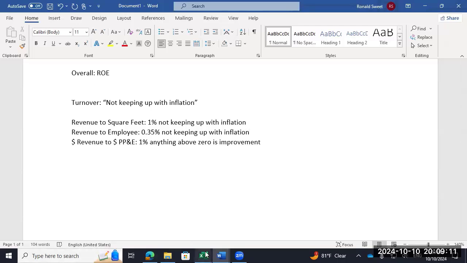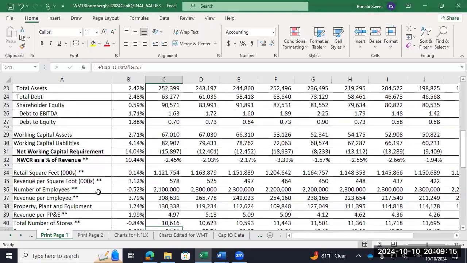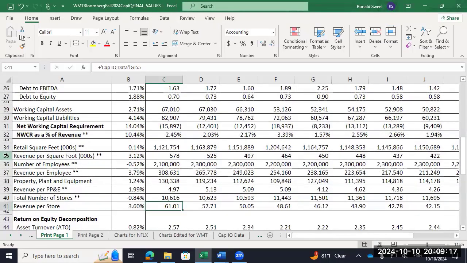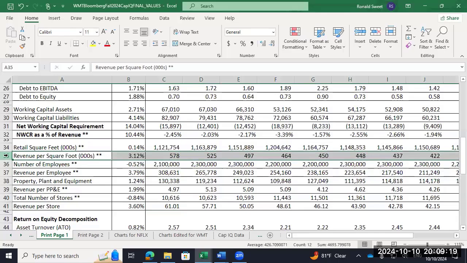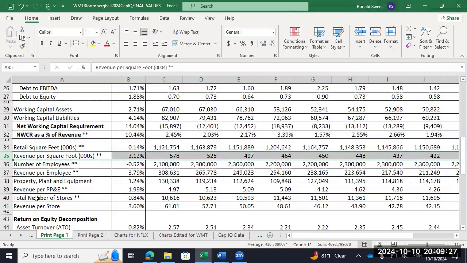And when you look at Walmart, it doesn't look very good. Well, actually, it looks good now after, I forget, they've had some good years here. I'm thinking 2 years ago. They haven't really added much square feet, but their revenue per square feet has actually been pretty decent, 3%. It's not killing inflation, but it's actually been pretty decent.